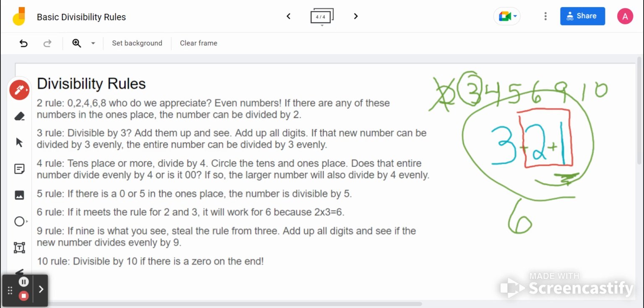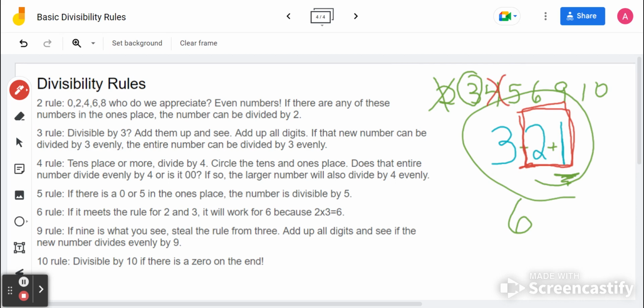So we check for double 0 and we check if the last 2 digits as a whole, not adding them, can be divided by 4. That means the entire number can be divided by 4 because we know 4 goes evenly into 100. So I have 21 as my last 2 digits. 21 cannot be divided by 4 evenly, so this number is not divisible by 4.